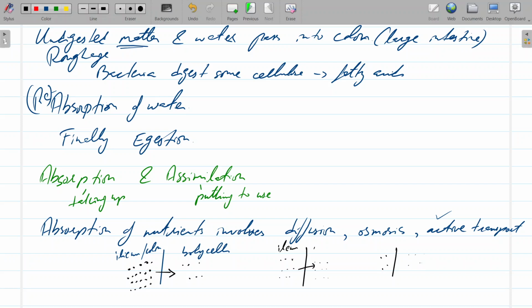So you got a few molecules over here in the ileum, and this is the body, and they're still taken up against the concentration gradient, or in case of water, even against the water potential gradient, and absorbed to the maximum possible extent. So active transport is very much utilized in the process of absorption. So keep that in mind.